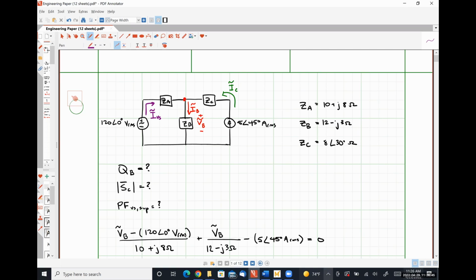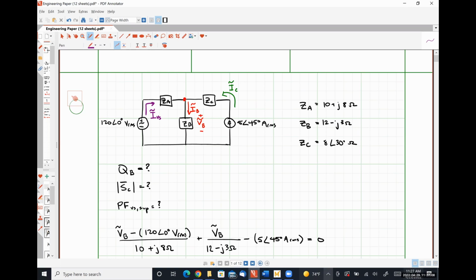We could do KCL at that middle node. That will also work. Yeah. So we could use Ohm's law. Let's walk through the different things because you've actually suggested two different things, both of which will absolutely work, okay?